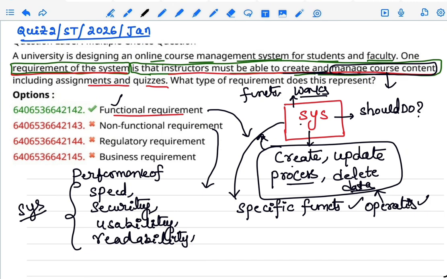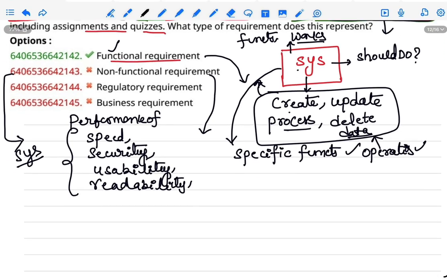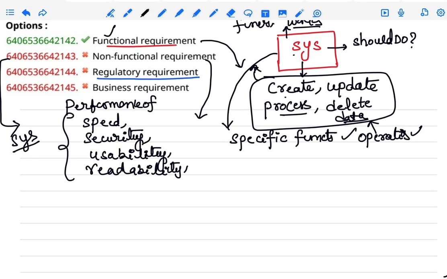These all come under option B, non-functional requirements.